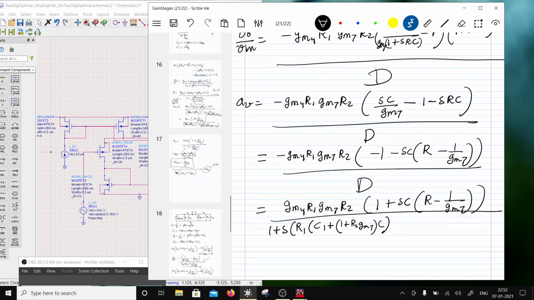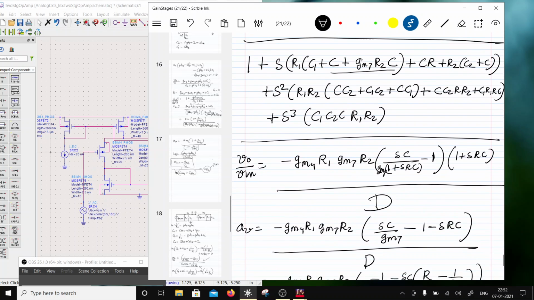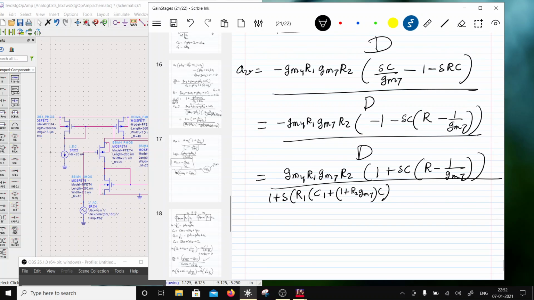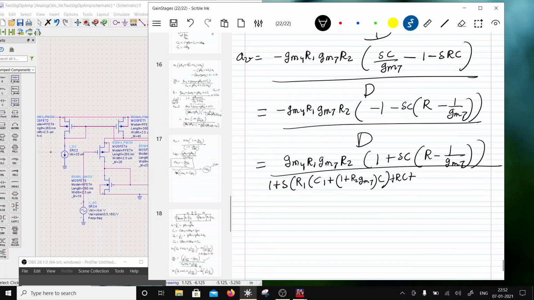So that you can see that plus CR plus, so this will be the RC time constant plus the output node R2, and then when you refer the C to the output, it will be C only. So you will have C2 plus C. So this is the pole due to the output node plus S square.